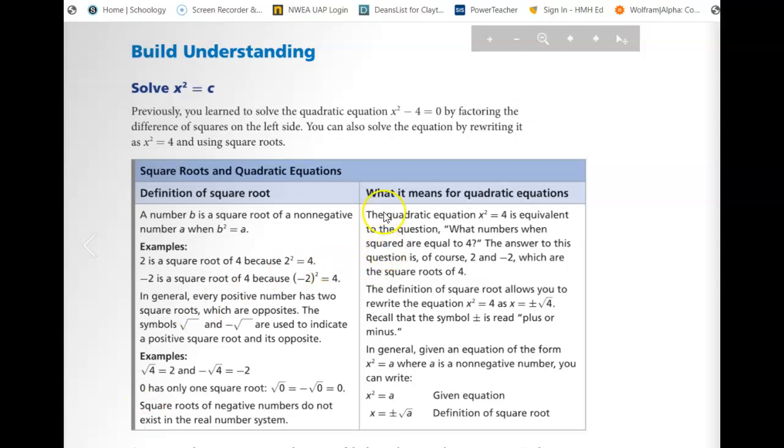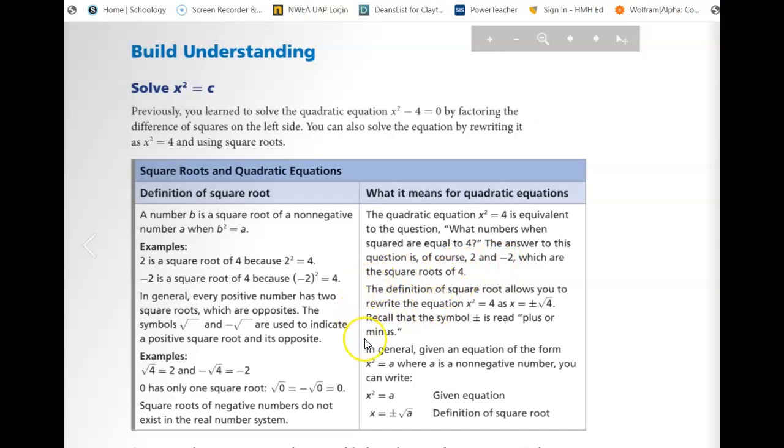So what does this mean for quadratic equations? What you're asking, or what you're saying when you say this, is what numbers, when squared, are equal to 4? The answer to this question is, of course, 2 and negative 2, which are square roots of 4.